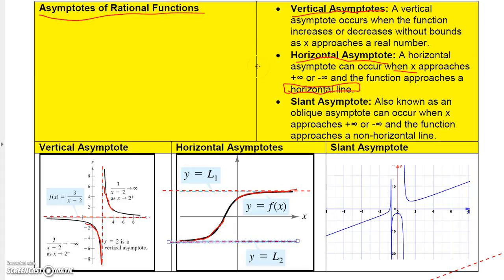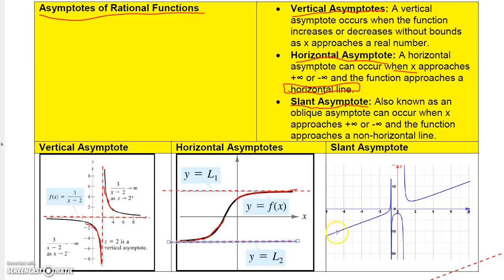Now, on this third graph, I have a slant asymptote. I didn't put it on there yet because I wanted you to see what the graph looks like. Actually, there's a vertical asymptote right here, and that vertical line that you see should not be there.